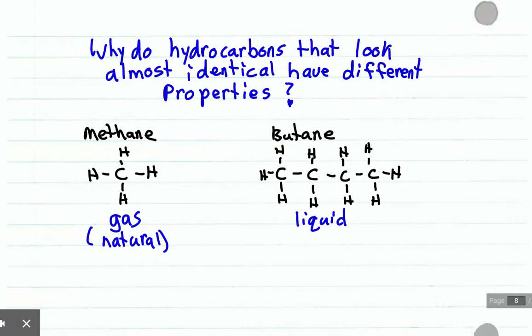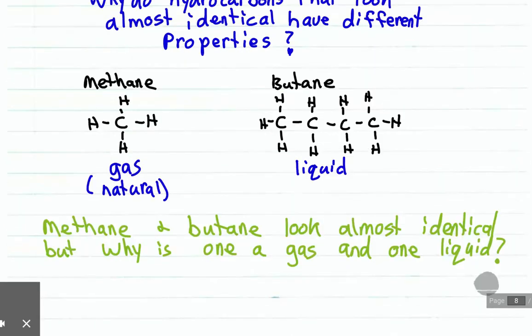So we want to know why. What is the reason behind methane being a gas and butane being a liquid when they are so similar? And it's important to recognize that when we say it's a gas or liquid, we mean at room temperature.